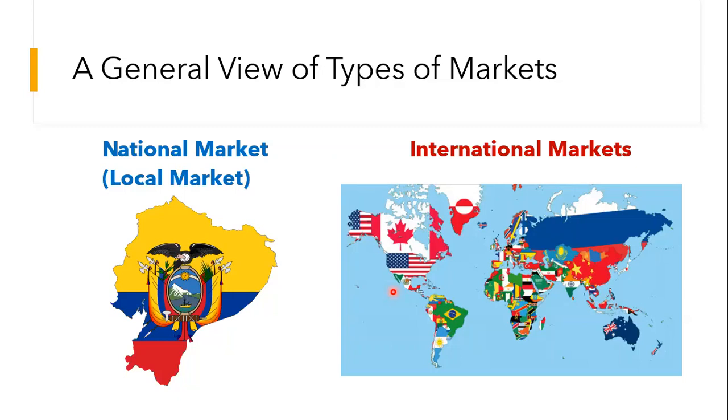They are selling things to United States, to Canada, to United Kingdom, to France, Italy, South Africa, etc. Okay, so again, this is a general view, and we have these types of markets: national, only inside the country, and international, selling our products to these other countries.